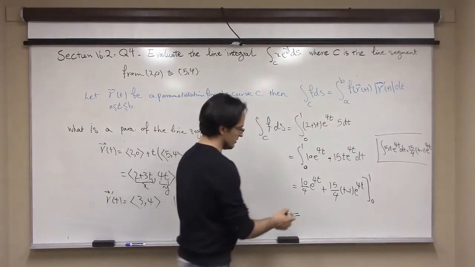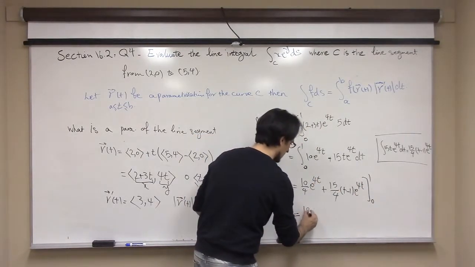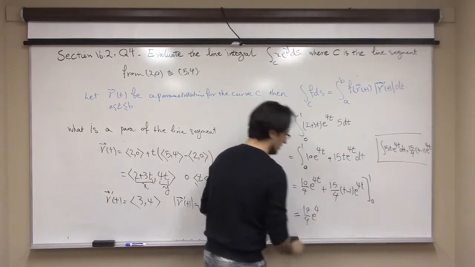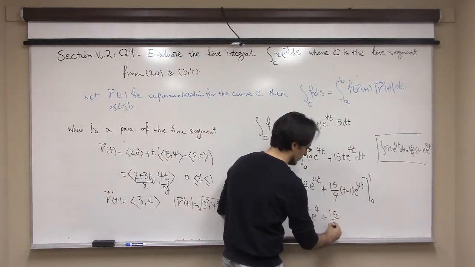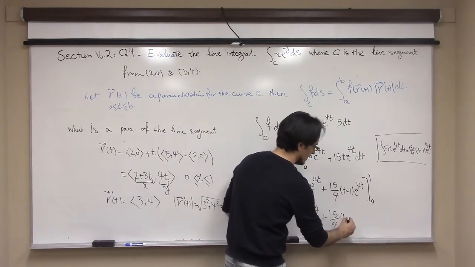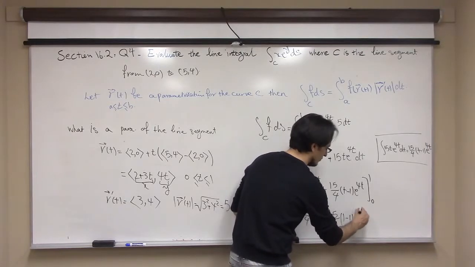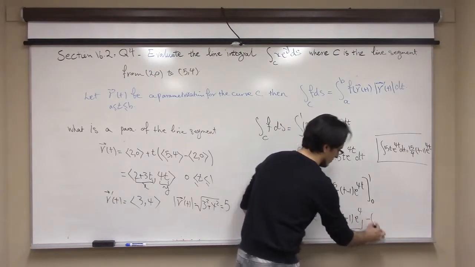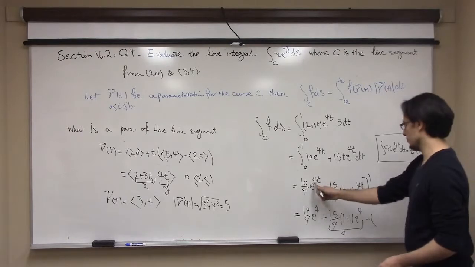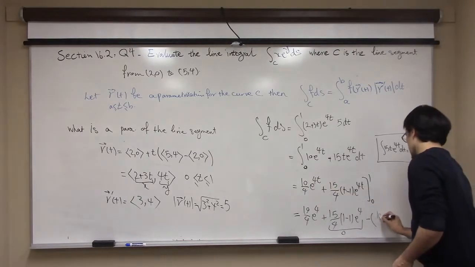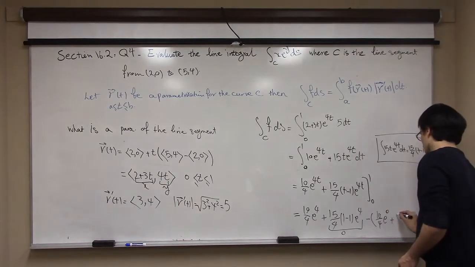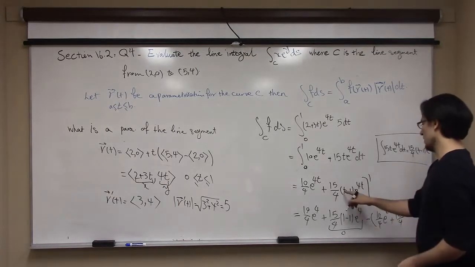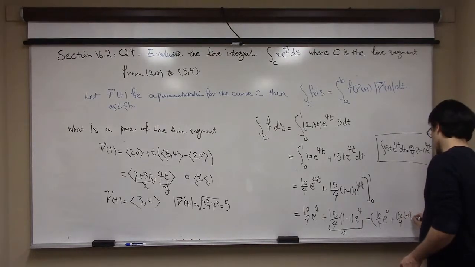And now by the fundamental theorem of calculus, just plug in the upper limit: 10 over 4 e to the 4, 4 times 1 is 4, plus 15 over 4 times (1 minus 1) e to the 4, this is 0, minus, now I can put a 0 there, so it is 10 over 4 e to the 0, plus 15 over 4 times (0 minus 1), which is negative 1, e to the 0.